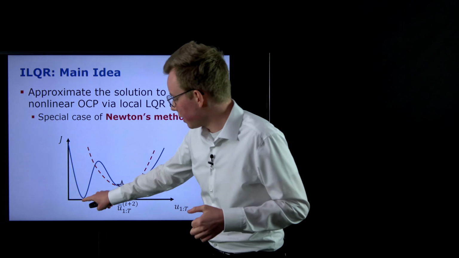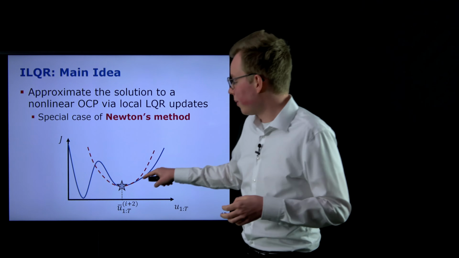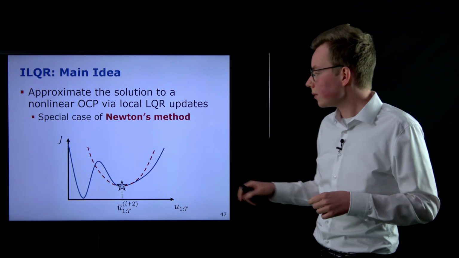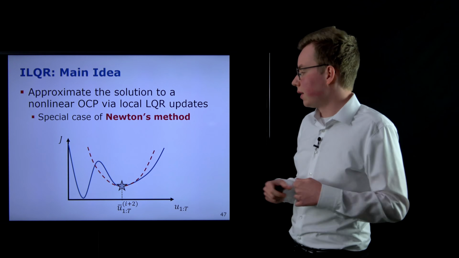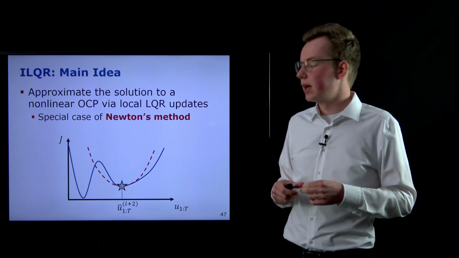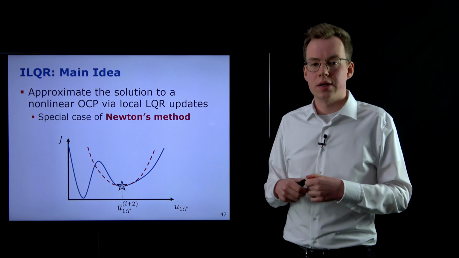So here, there's another minimum over here, which is perhaps the global minimum of the cost landscape, but at least we can still find a locally optimal solution. If you've seen other approaches like Newton's method, this will seem very familiar to you. In fact, this is just a special case of Newton's method where we exploit the very structure of this control problem.